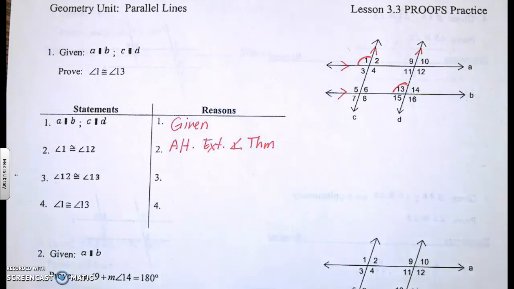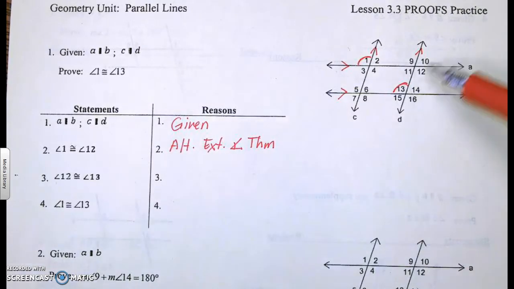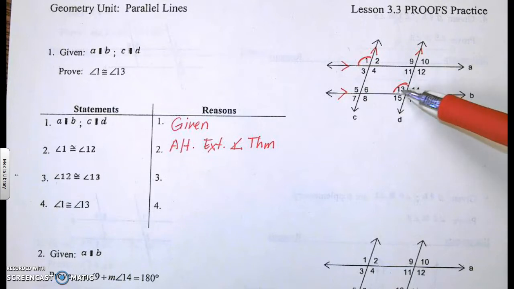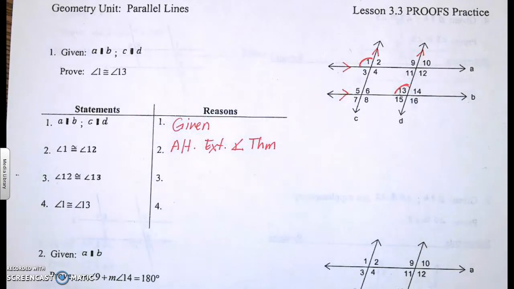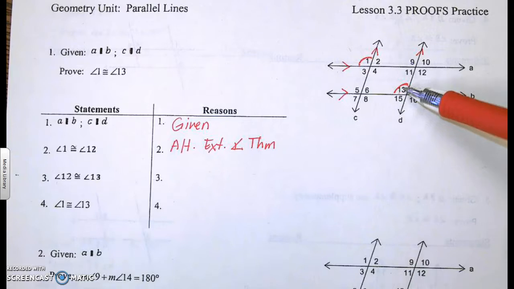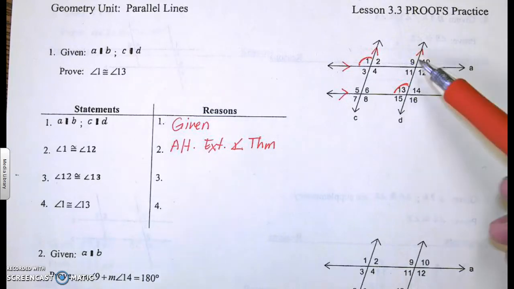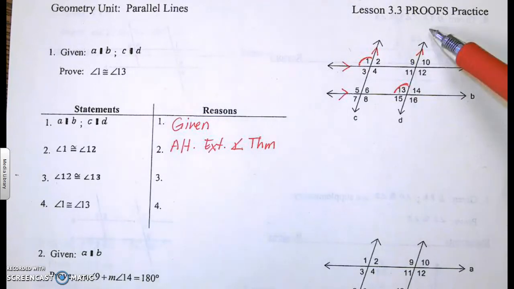Okay, so our next one is that angle 12 is congruent to angle 13, and we have learned this. This is alternate interior angle. So alternate interior angle theorem states that angle 13 is congruent to angle 12 if your lines are parallel and cut by a transversal.